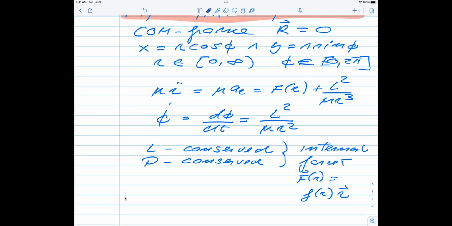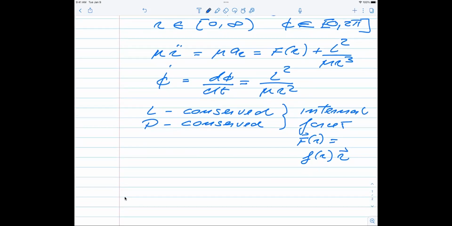So these follow from the assumptions we have made about the system, that we have internal forces only, and that the force is proportional to the relative distance between two objects. With that, we could show that angular momentum has to be conserved.